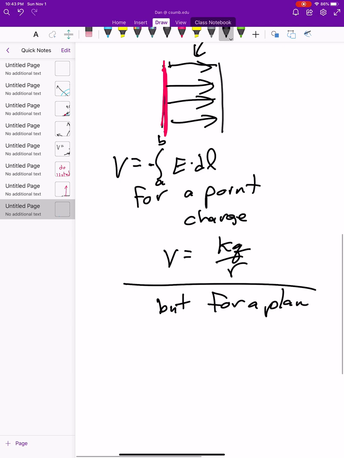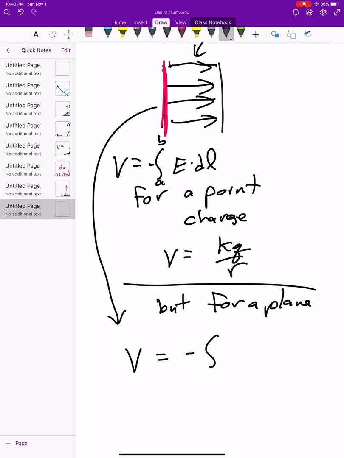But for a plane, it's easier. For a plane of charge, like this one right here, the potential is still the same equation, E dot dl. You take the electric field strength and multiply it times the length, over tiny little lengths.